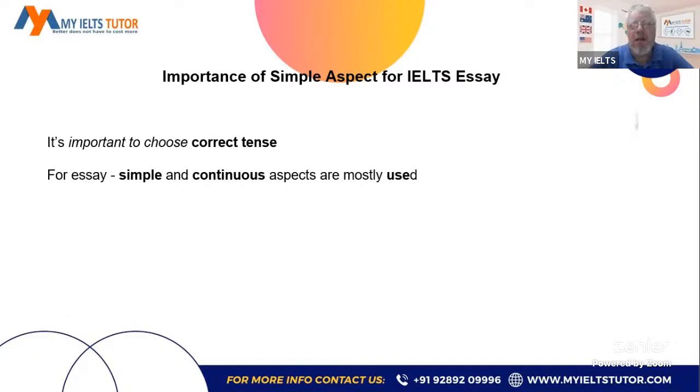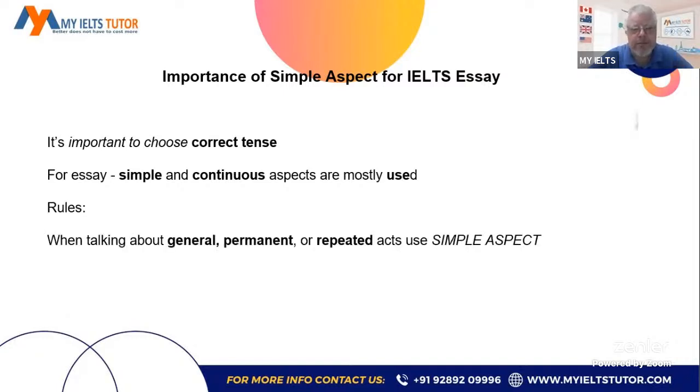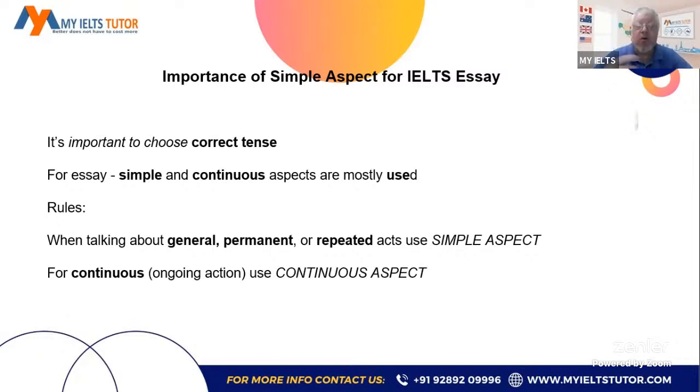You're more likely not going to use perfect continuous tense or perfect tenses, okay? You're mostly going to use simple or continuous tenses, okay? Now the rules here. When talking about general, permanent, and repeated acts, use the simple aspect. When talking about continuous action that's ongoing, use the continuous aspect, all right? So that's what you want to do.